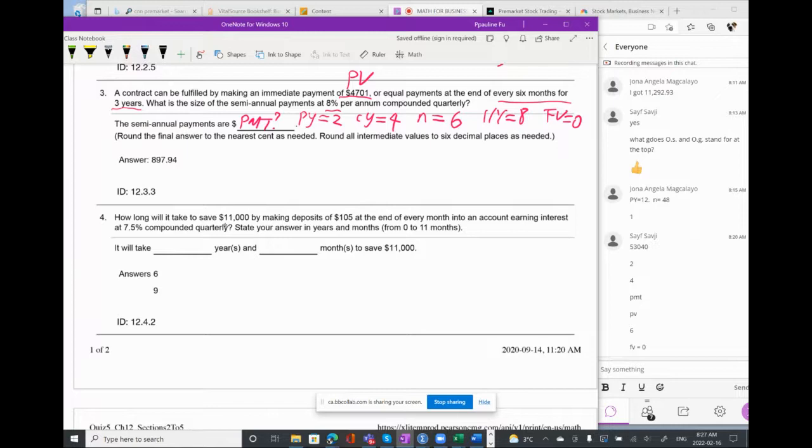How long will it take to save 11,000 by making deposits of 105 at the end of every month into an account earning interest 7.5% compounded quarterly. So how long will it take to save? What is this number, 11,000?